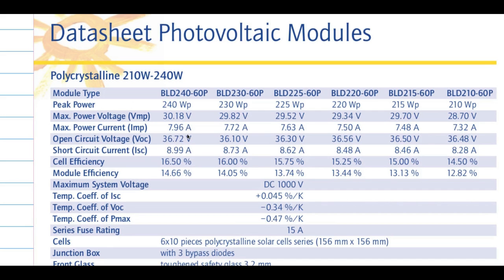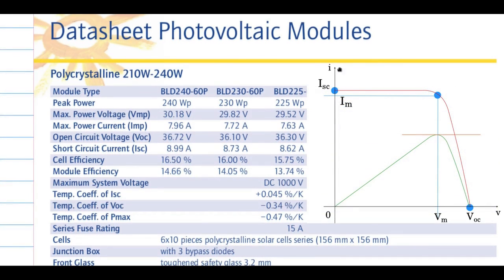For that, let us place the IV characteristics somewhere here so that we will be able to understand it better along with the data sheet. We now have here the IV characteristic of the PV panel. Consider these parameters and let us take this column, meaning we are taking a 240 watt PV panel.